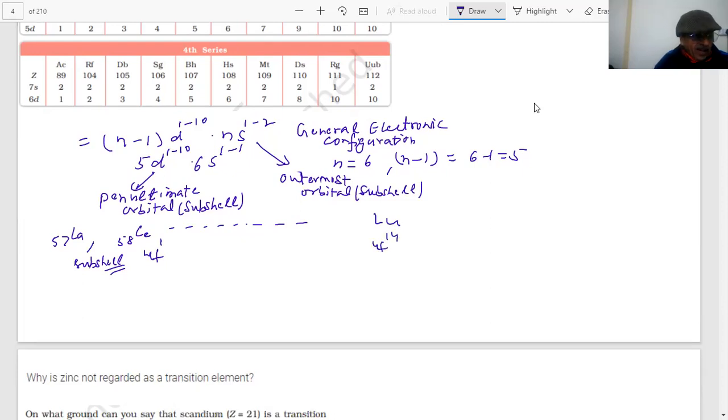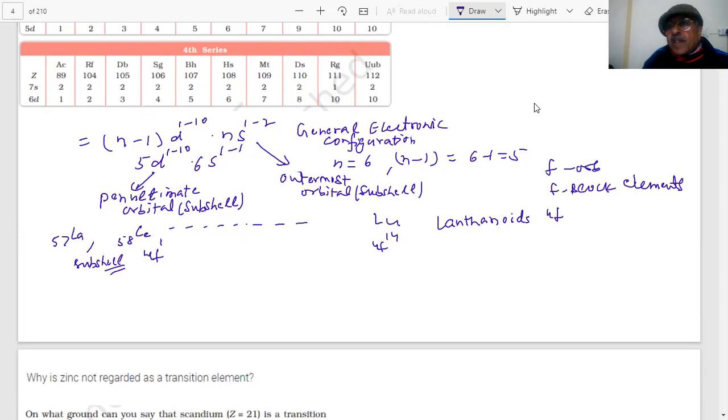So in this series of elements, what is happening, students? We are now getting the lanthanoids. These are F block elements. They are called F block elements because the electrons are now being filled in the F orbital.